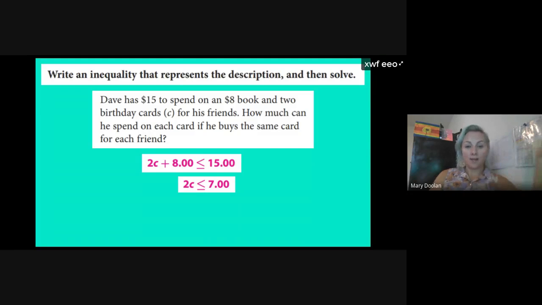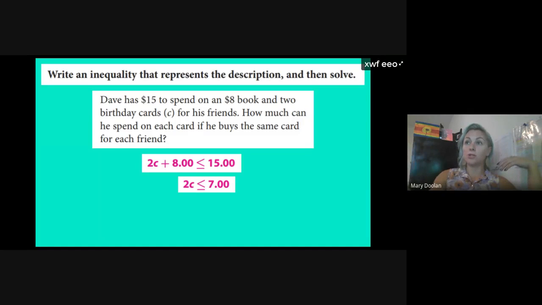So on one side, I have my term with the variable. On the other side, I have a constant. I need to isolate my variable. 2c means 2 multiplied by c. To undo multiplication, when you're solving an equation, you would use division.